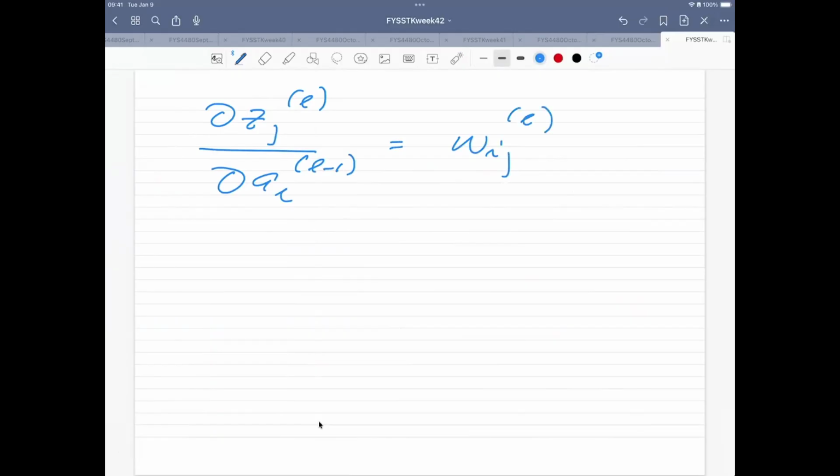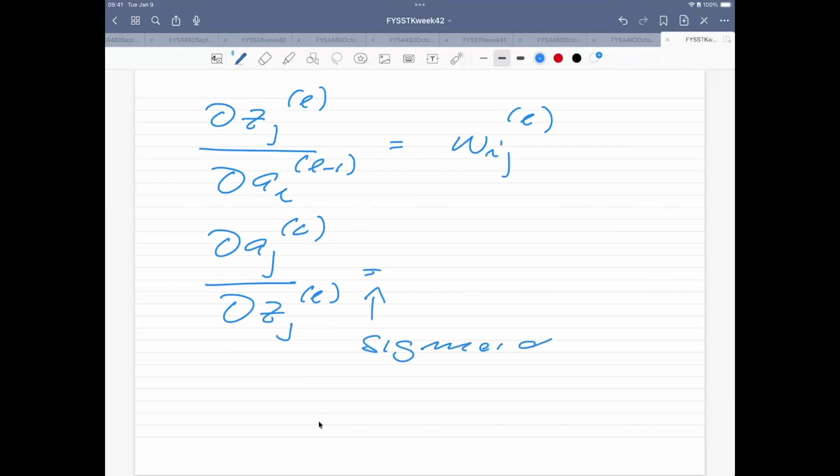And then we also found that da_j^l with respect to dz_j^l for layer l, if we use the sigmoid function for sigma, is a_j^l times (1 minus a_j^l).